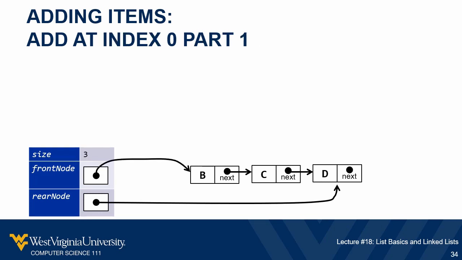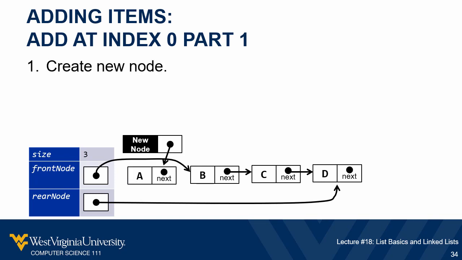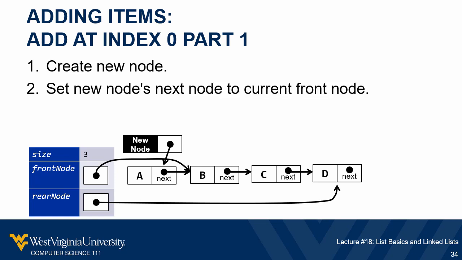When we're trying to add new items by the index, one special case that we need to account for is if we're using index 0. What we're going to have to do here is change up our process a little bit because we'll need to update what front node is pointing at. Here, we're going to start off by creating our new node, the same as we've done in the other cases. Once we have new node, we're going to go and set its next node to the existing front node.